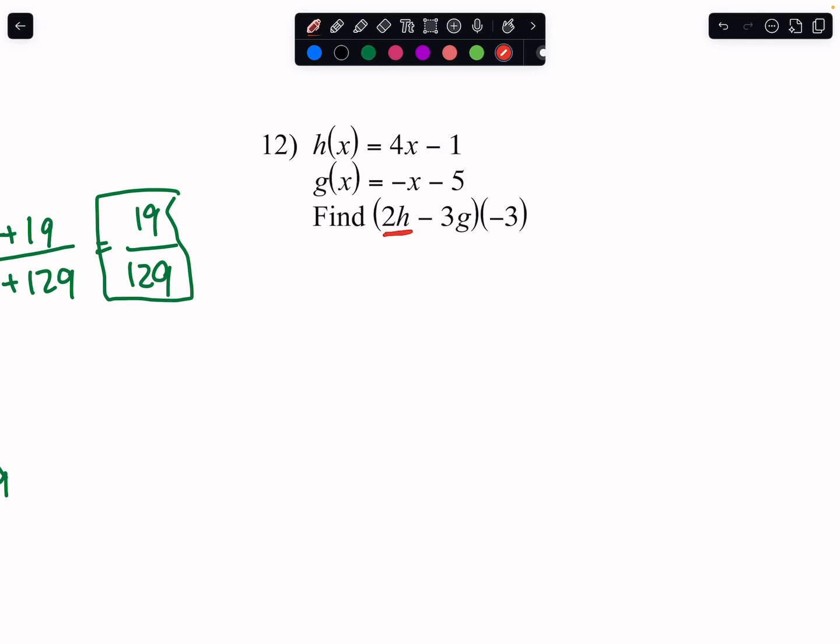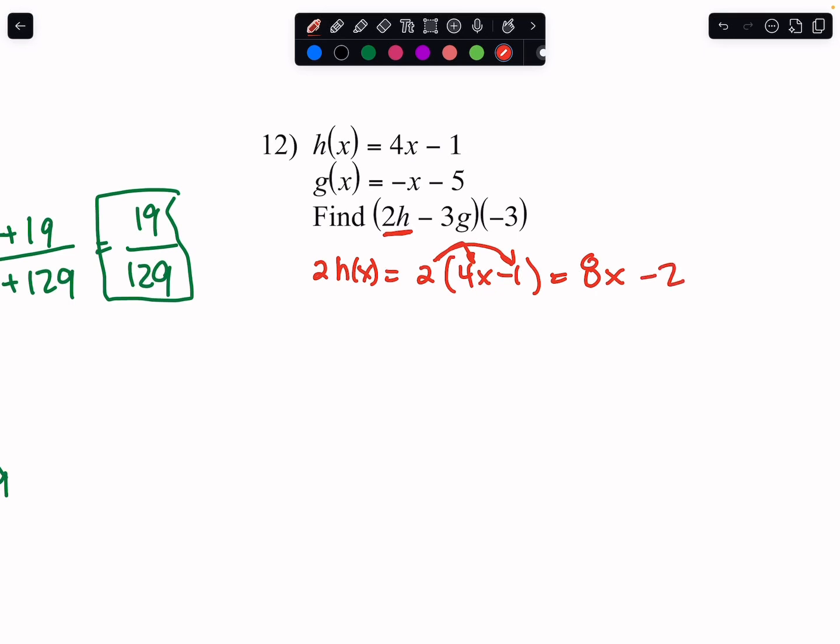So let's go ahead and figure out what 2 times h is going to be: 2 times 4x minus 1. That's 8x minus 2.